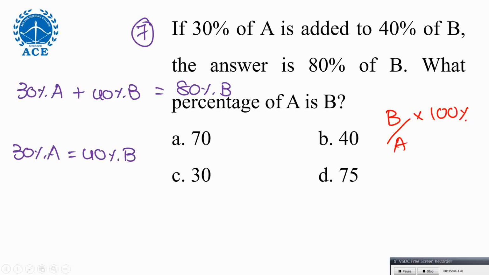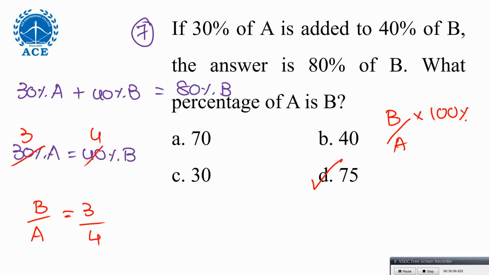What percentage of A is B? Among A, B is what percentage? If you see here, this is 10 3 times, 10 4 times. B by A is equal to 3 by 4. If you want percentage, multiply with 100, you will get 75%.